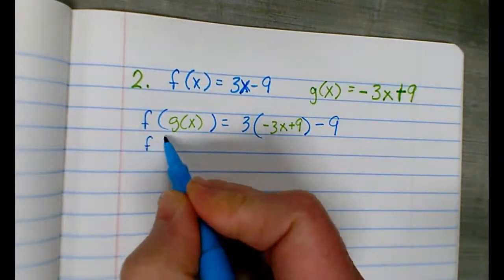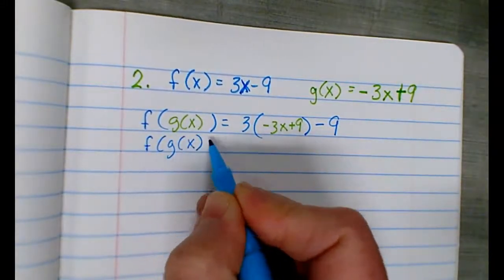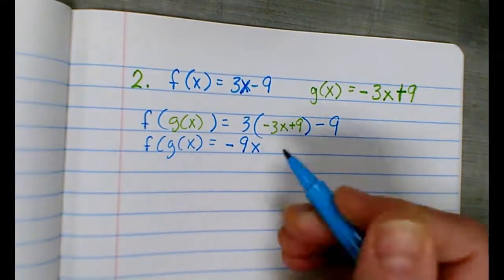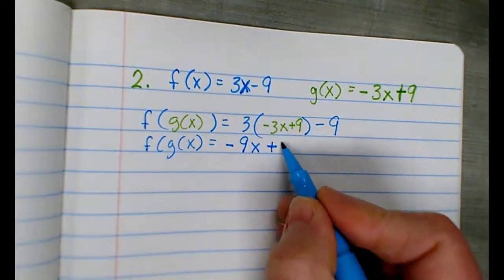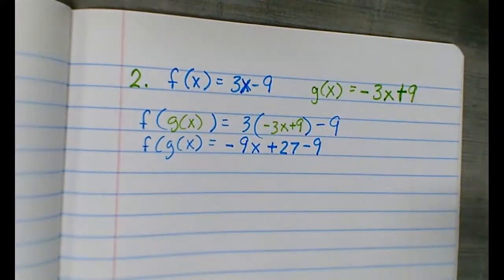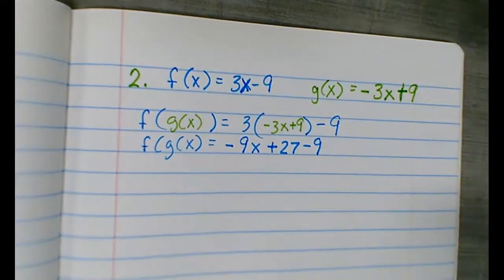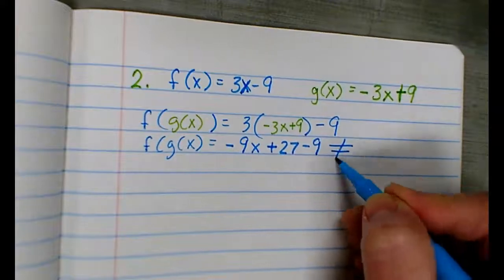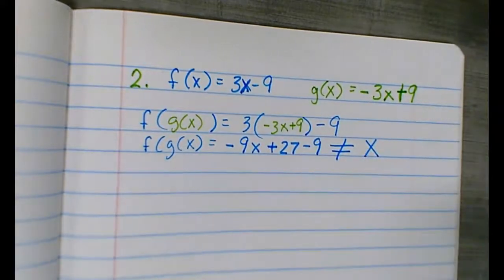Distribute the 3. 3 times 3. 3 times 9. Is that going to equal x? I don't really care what it's equal to. I know it is not going to be equal to x.